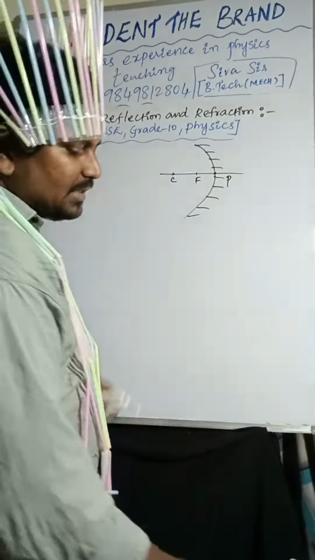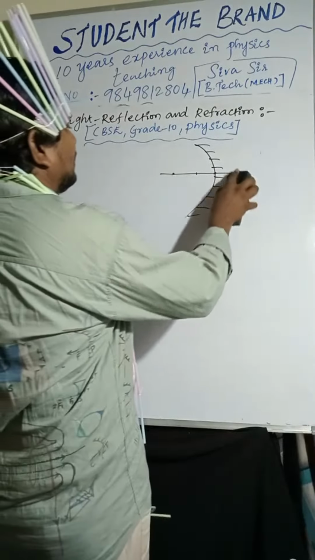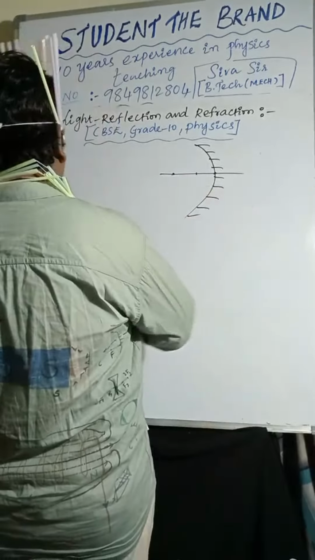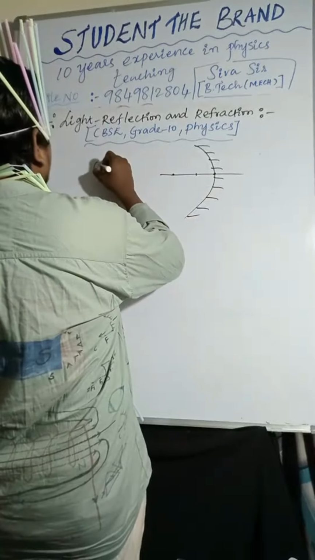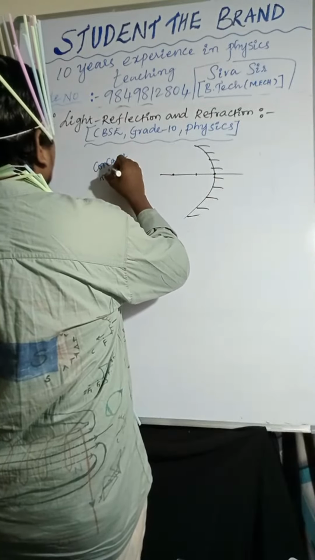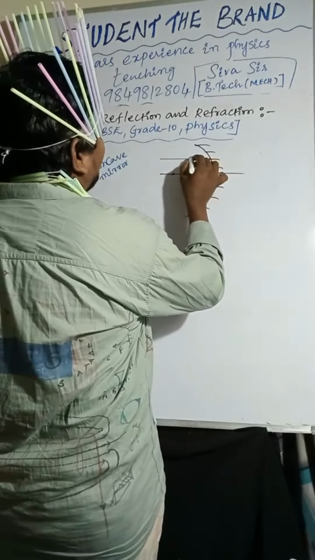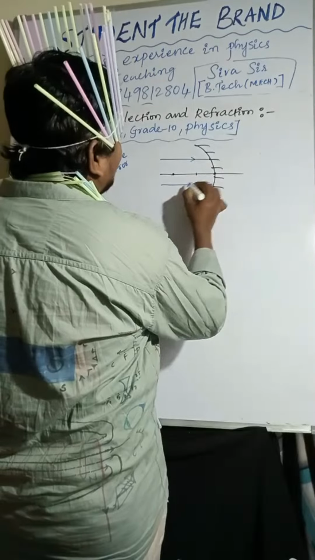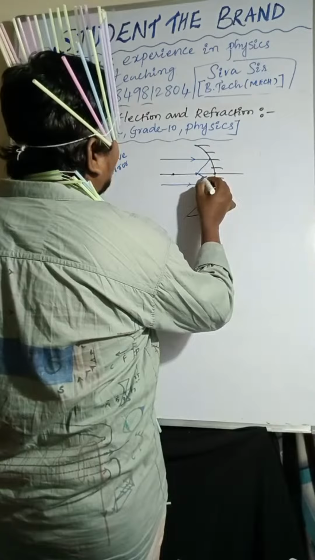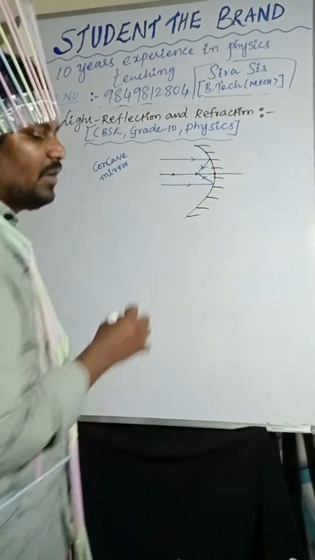So let it be a mirror, I'm considering a concave mirror. Whenever light rays are incident on it, after reflection the light rays meet at one point.